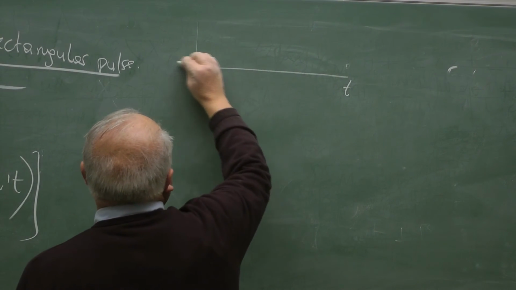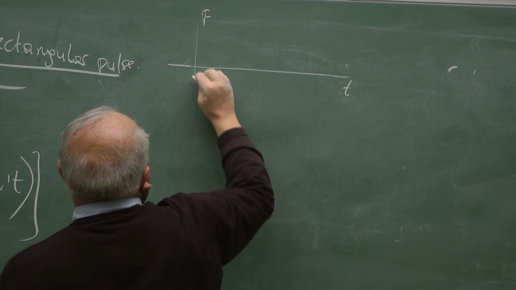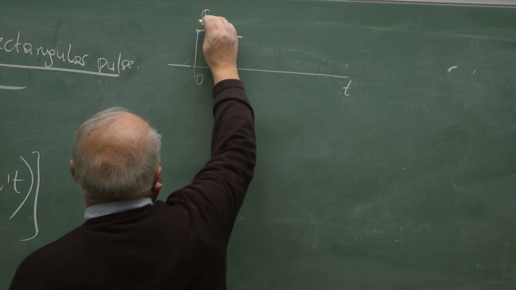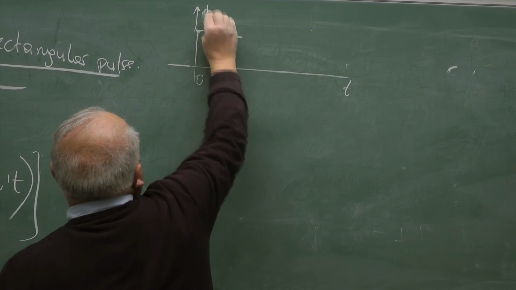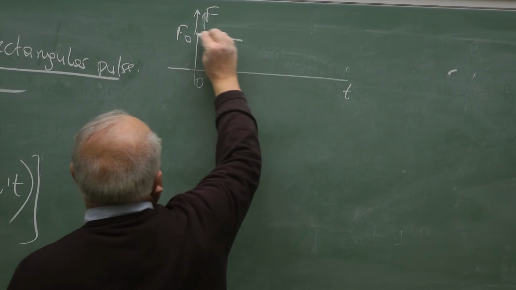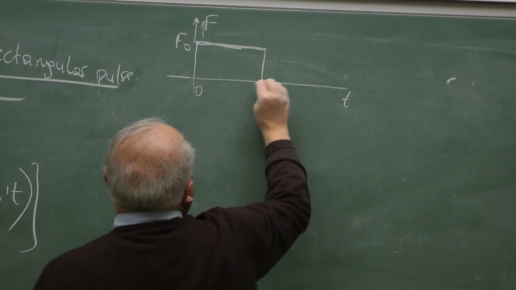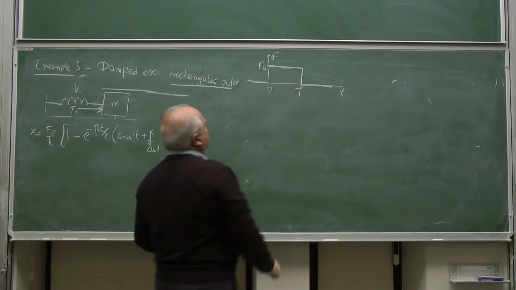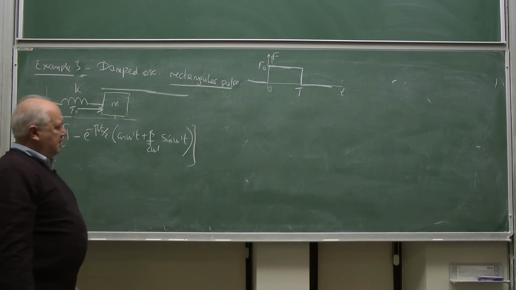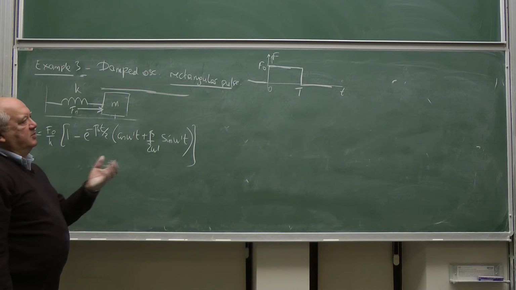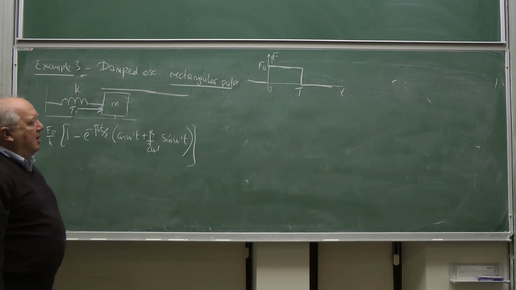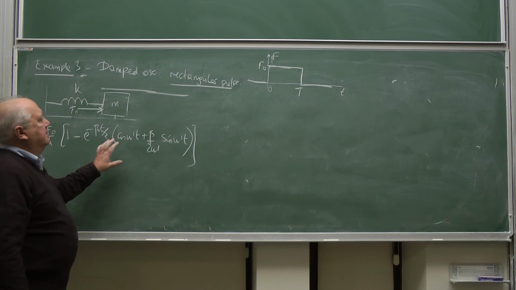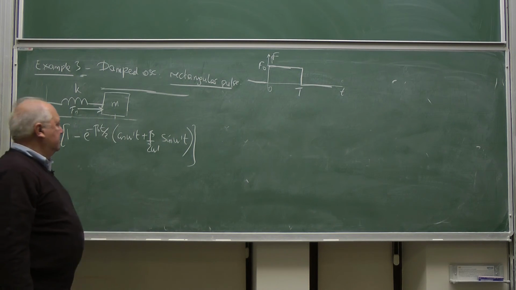This is F. At time 0, we apply a force F0. And at time capital T, it is removed. So this is the shape of the force. The problem is, what's the response of our damped oscillator with a high Q?